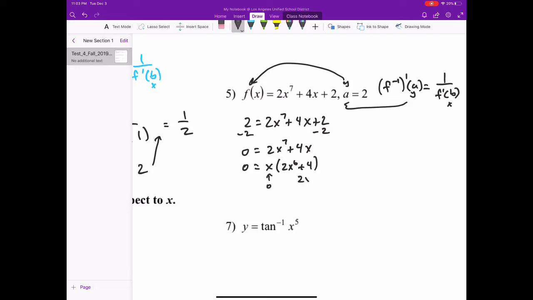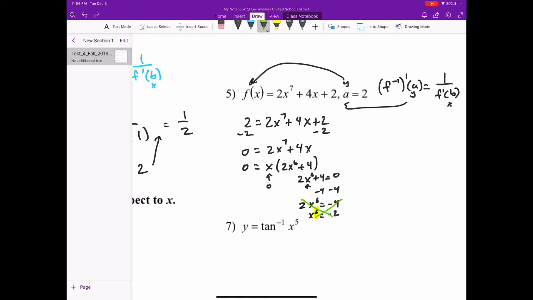But what about 2x to the 6 plus 4? Does that ever equal 0? So if we try to solve for x, we're going to minus 4 to both sides. 2x to the 6 is equal to negative 4, and x to the 6 is equal to negative 2, and we realize that we can't take the sixth root of a negative, so that leads us to a dead end.